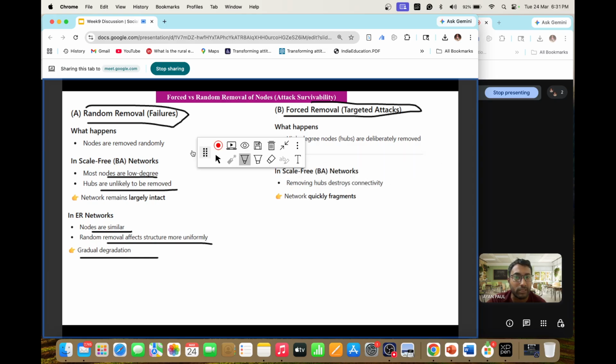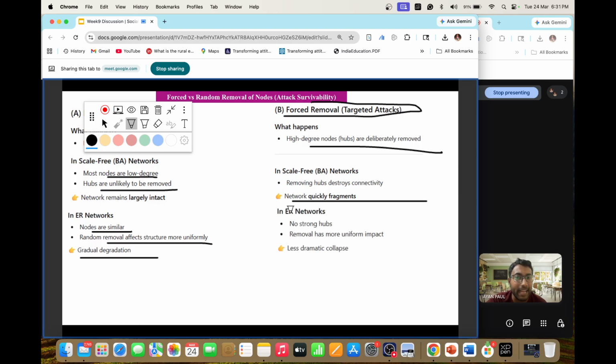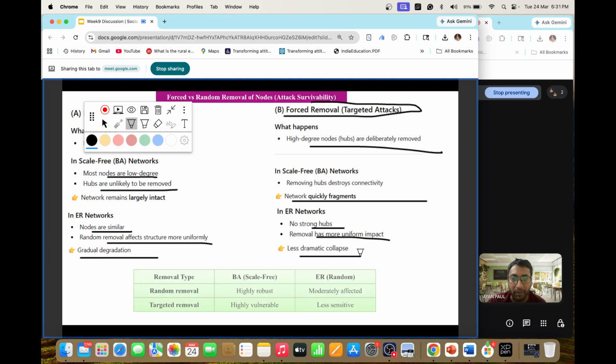High degree nodes, the hubs, are deliberately removed. In the scale free BA model, removing hubs destroys the connectivity, so the network quickly fragments. In ER networks, there are no strong hubs, so removal has a more uniform effect and a less dramatic collapse happens. For random removal, the network is highly robust in the case of BA and moderately affected in the case of ER.